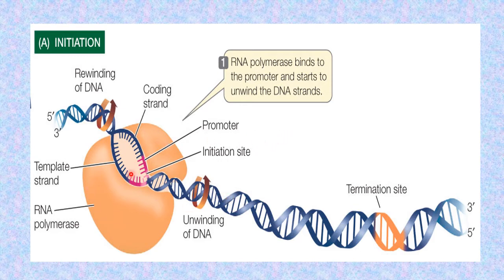So once it binds to this promoter region, it basically breaks the hydrogen bonds between the complementary base pairs in this region of the promoter, and this makes available the template strand, that is the 3' to 5' strand, where the ribonucleotides may form the complementary base pairs and initiate the process of transcription.